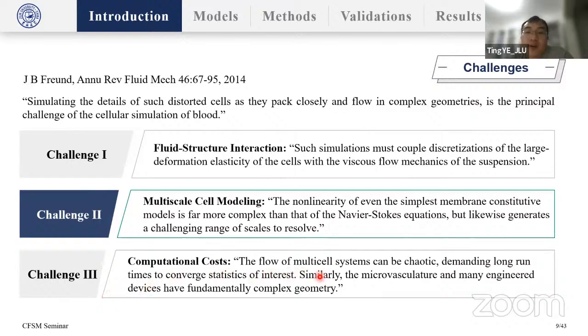Fred said the flow of a multi-cell system can be chaotic, demanding long run times to converge statistics of interest. Similarly, the microvasculature and many engineered devices have fundamentally complex geometry. So when we simulate the cellular blood flow, these challenges should be resolved.